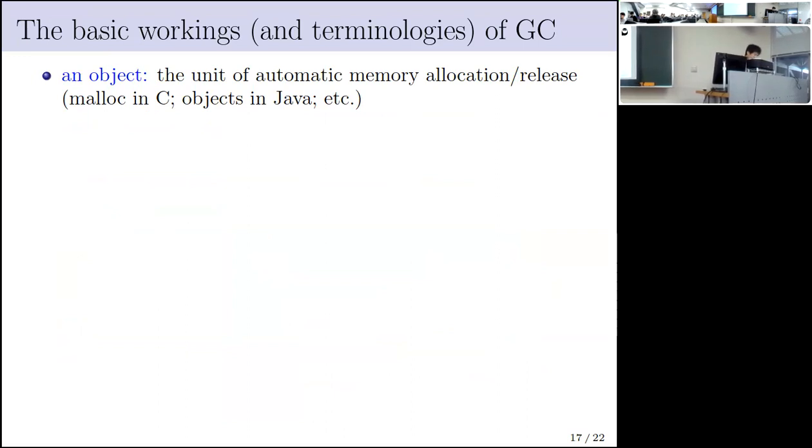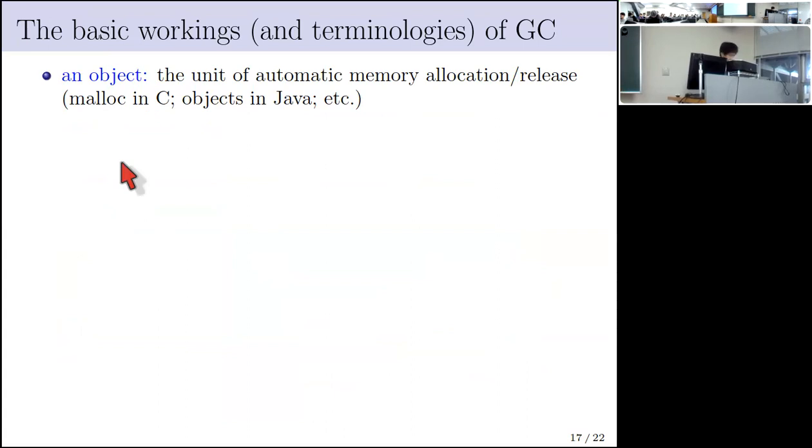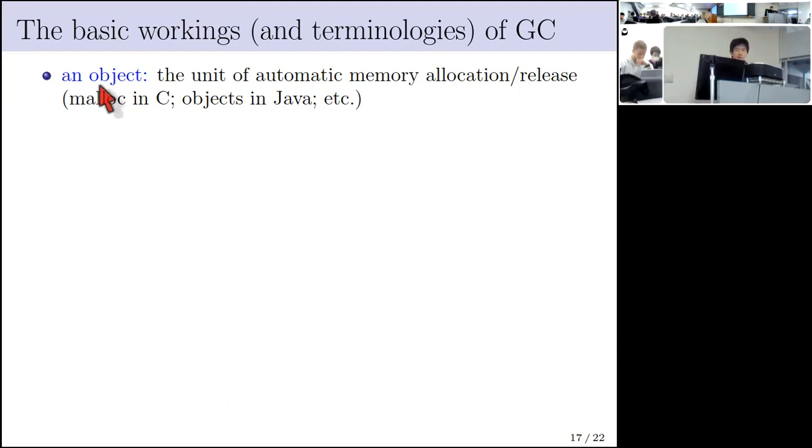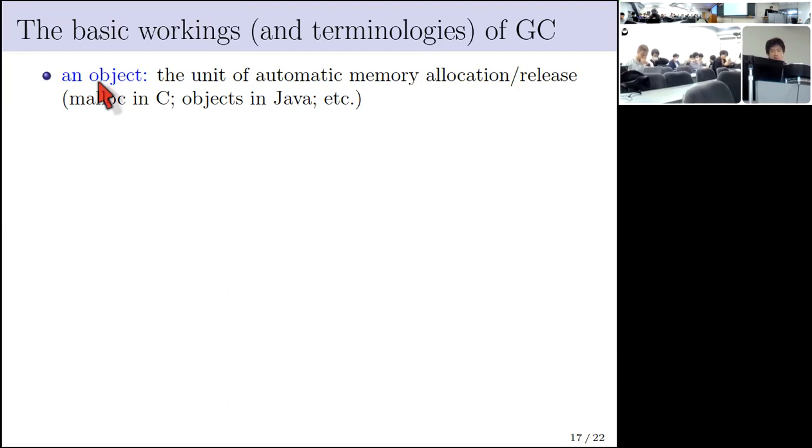I'm going to get somewhat into it in the rest of this slide and in the coming weeks. But I guess it's almost time to finish my part. Just a few terminology notes that are often used in the context of garbage collection. I've already been saying this terminology many times: an object. In the garbage collection literature, when we say an object, we simply mean the unit of memory allocation.